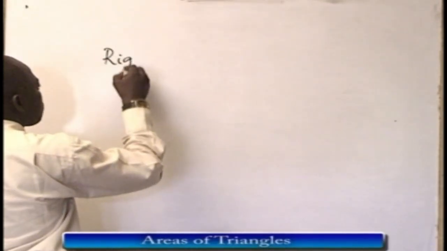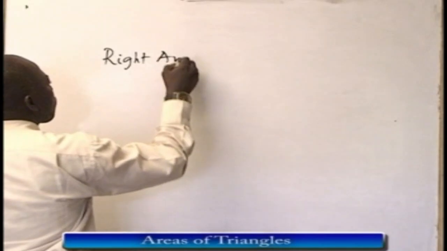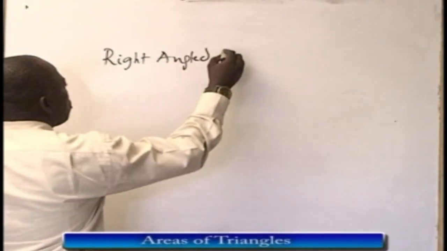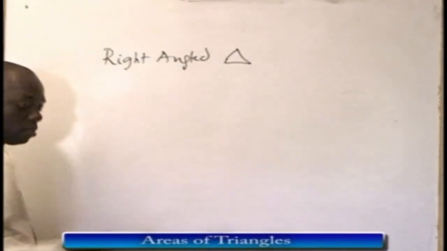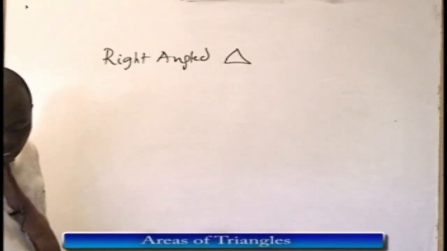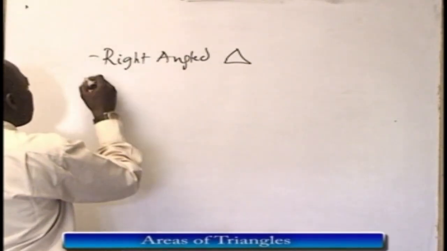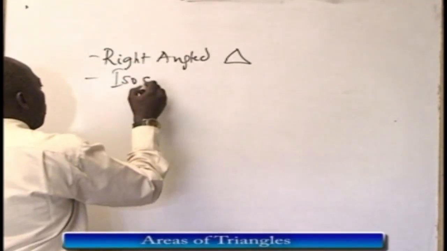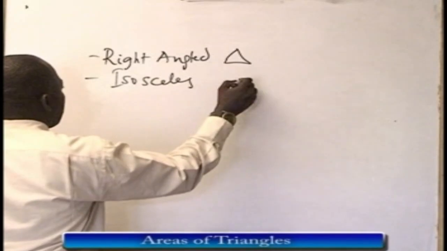We have the right-angled triangle. We have the isosceles triangle.